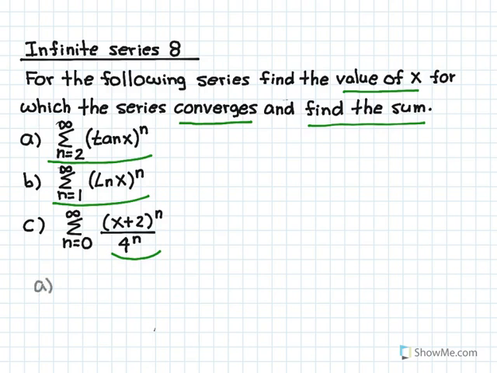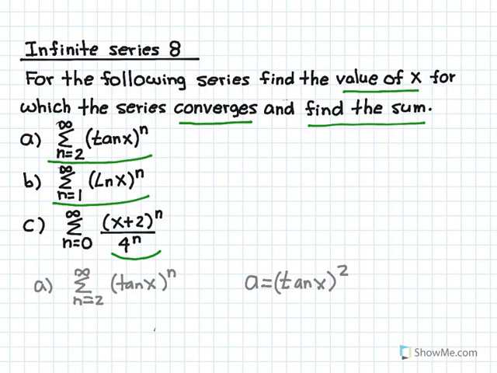For part A, we have the summation n equals 2 to infinity of tan x to the power of n. Now let's find the first term. To find the first term, we call it a, just plug in the starting index. The index starts at n equals 2, so plug in n equals 2 and we get tan x all squared.